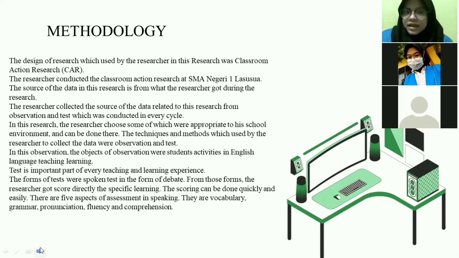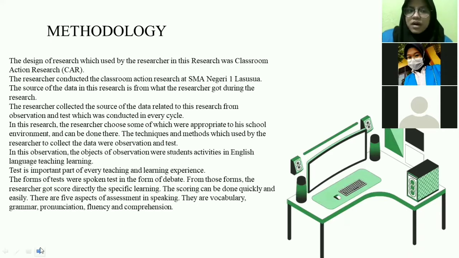The techniques and methods used by the researcher to collect the data were observation and test. In this observation, the objects of observation were students' activity in English language teaching and learning. Test is an important part of every teaching and learning experience.